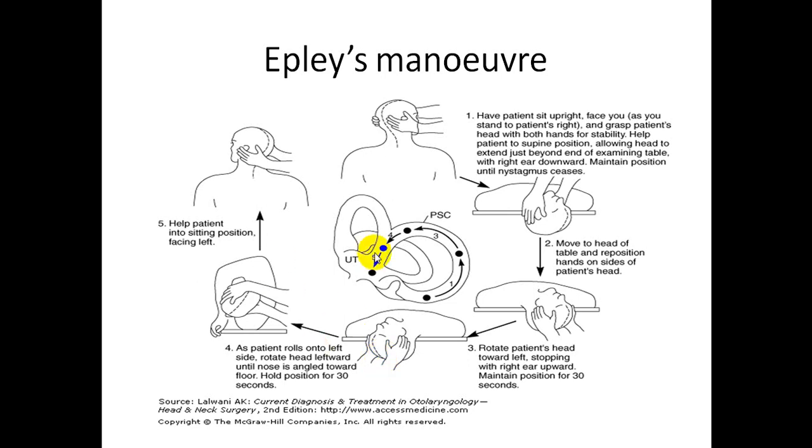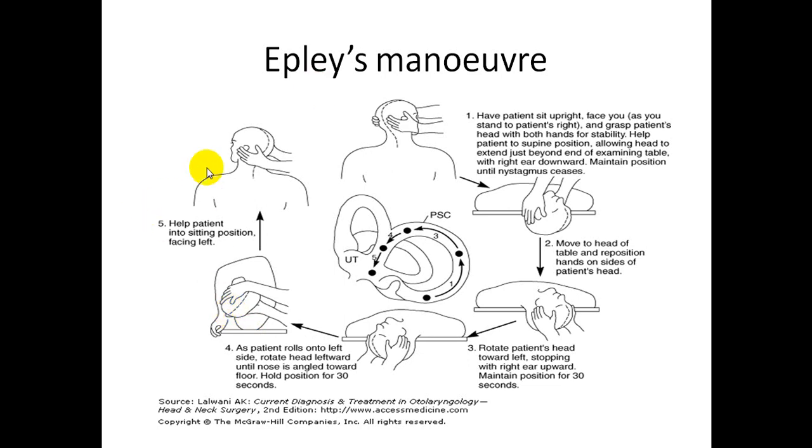Step 4, we ask the patient to roll onto the left side and rotate the head towards the left side until the nose is angled towards the floor, like this position. Also hold the position for 30 seconds or until the vertigo disappears.